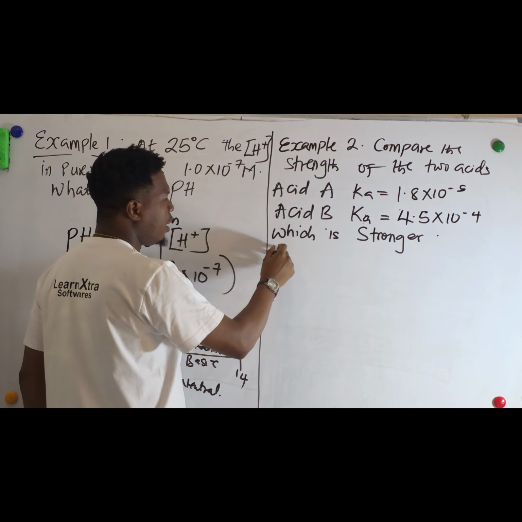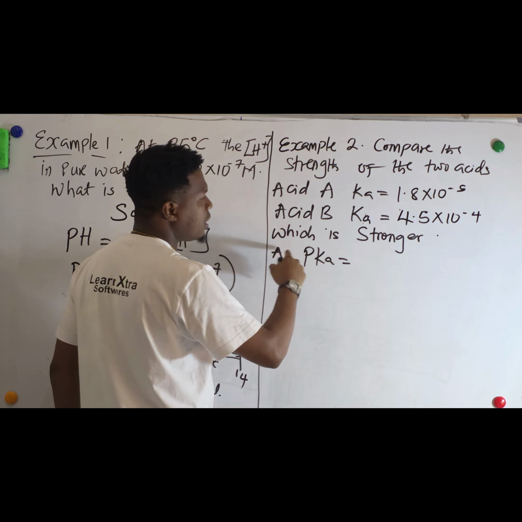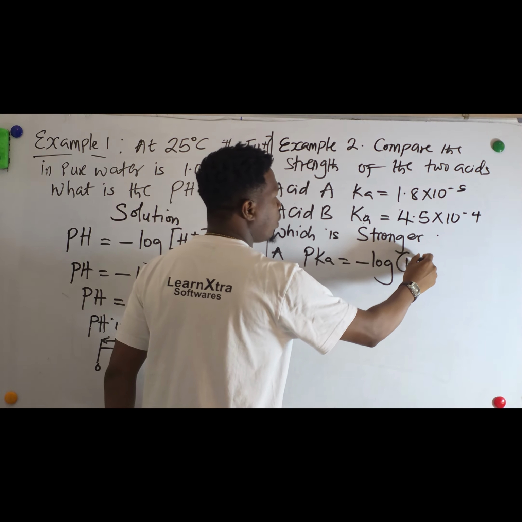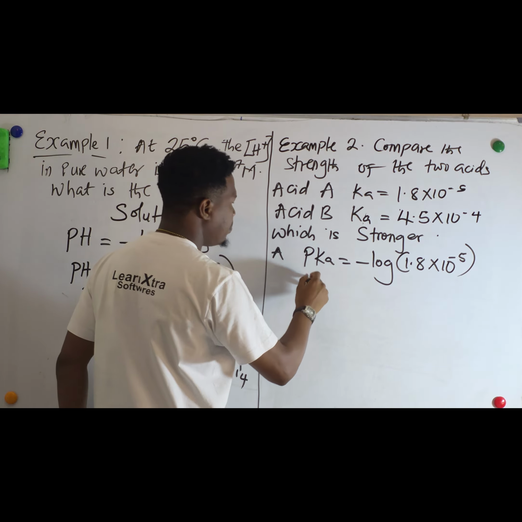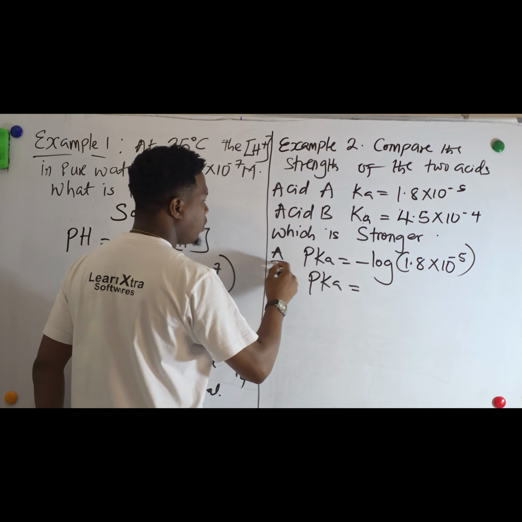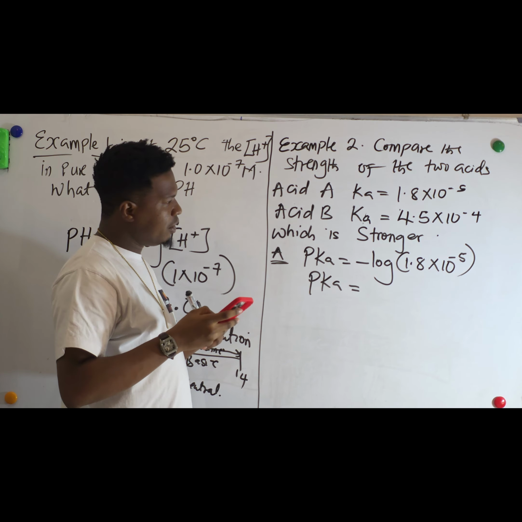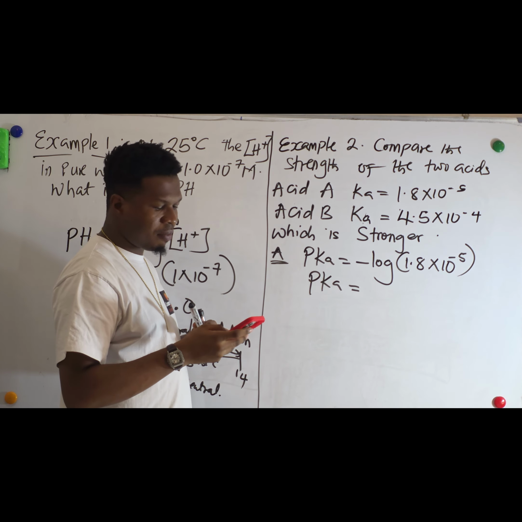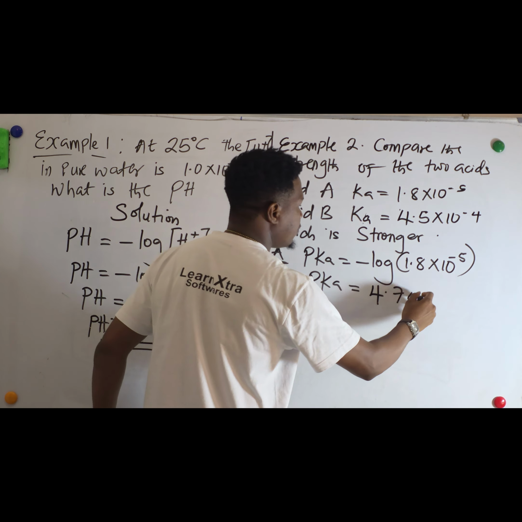The pKa for the first one, which is A, is minus log the Ka value, 1.8 times 10 to the power of minus 5. So let's solve for pKa. If I press minus log of 1.8 times 10 to the power of minus 5, you will get 4.74.